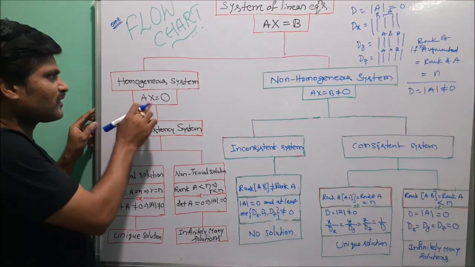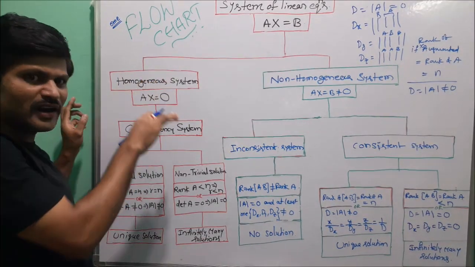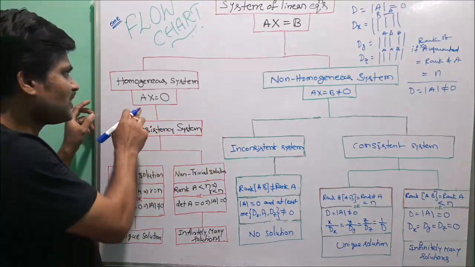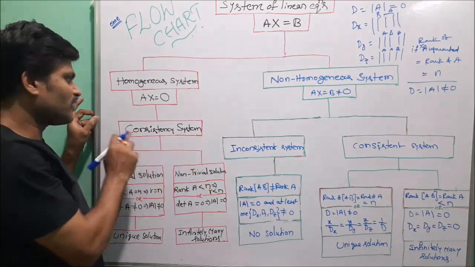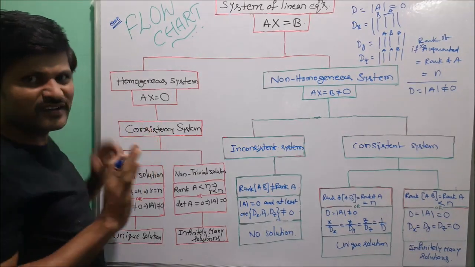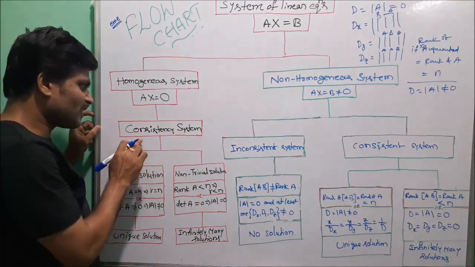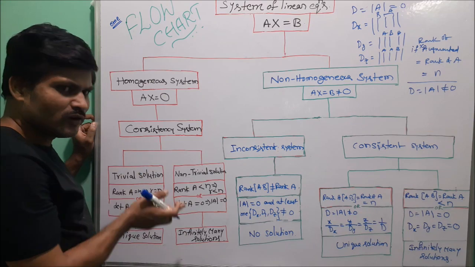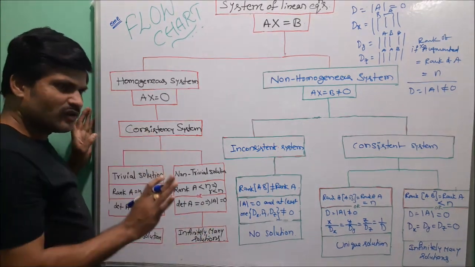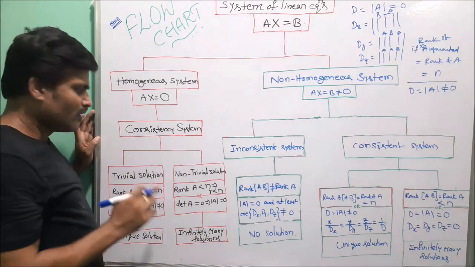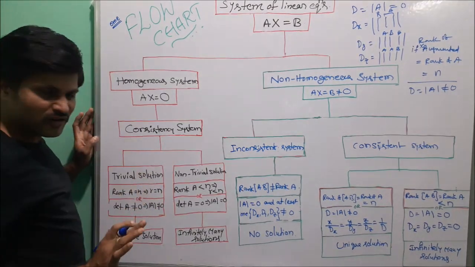In this homogeneous system, the 0 solution satisfies all equations of the given system. Therefore, the system has one solution. Now we say that the system is called a consistent system. So in this consistent system, it has one solution or more solutions. For example, it has one solution, that is the 0 solution, which is called the trivial solution.